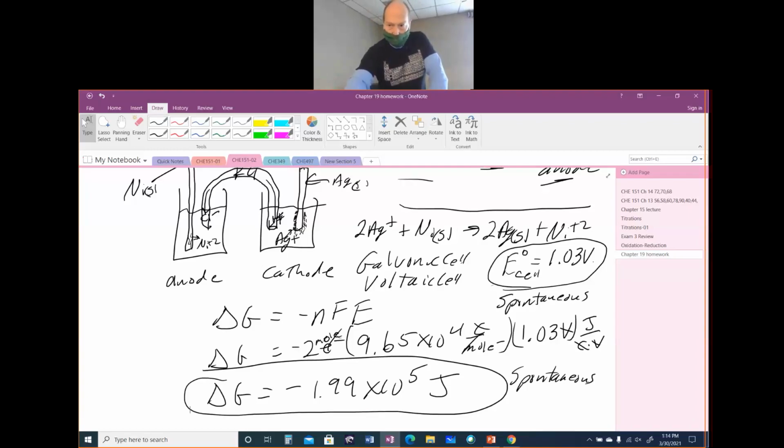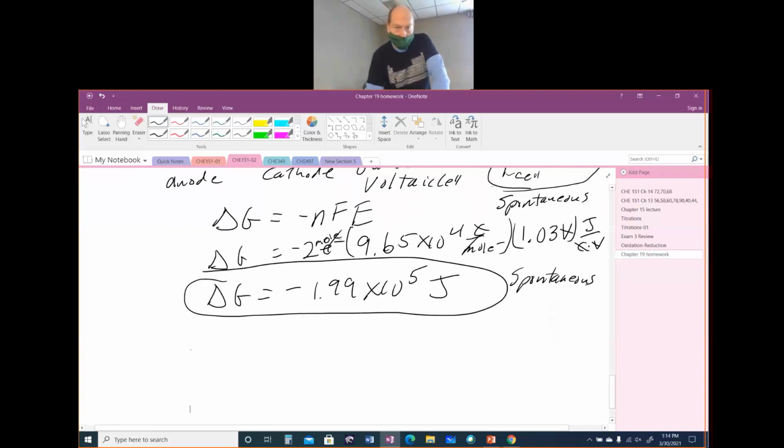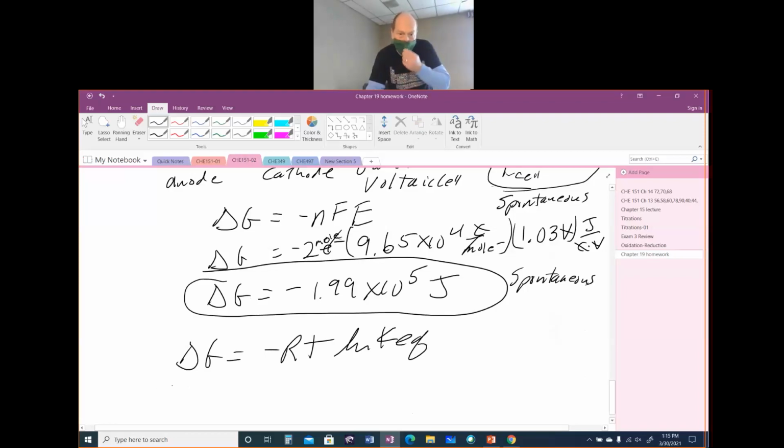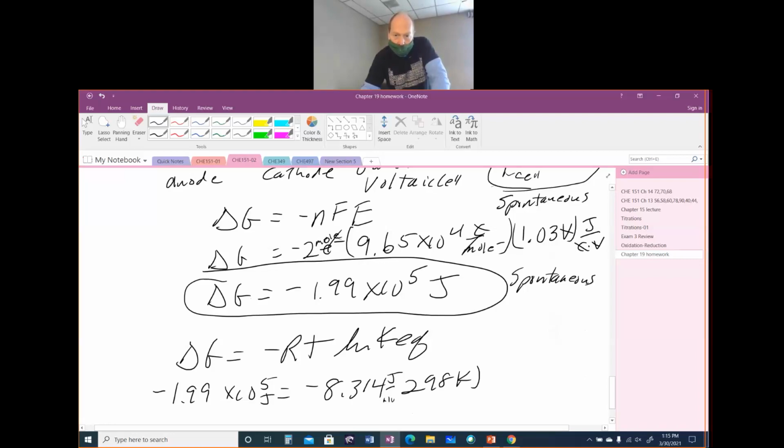All right, we can calculate the equilibrium constant. So delta G is equal to negative RT ln KEQ. So we just plug in our numbers. Negative 1.99 times 10 to the 5th joules is equal to negative 8.314 joules per mole Kelvin, 298 Kelvin, ln KEQ.